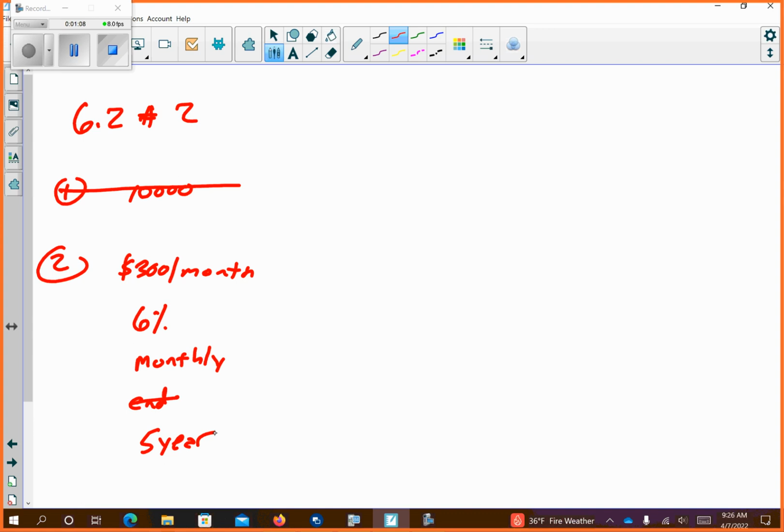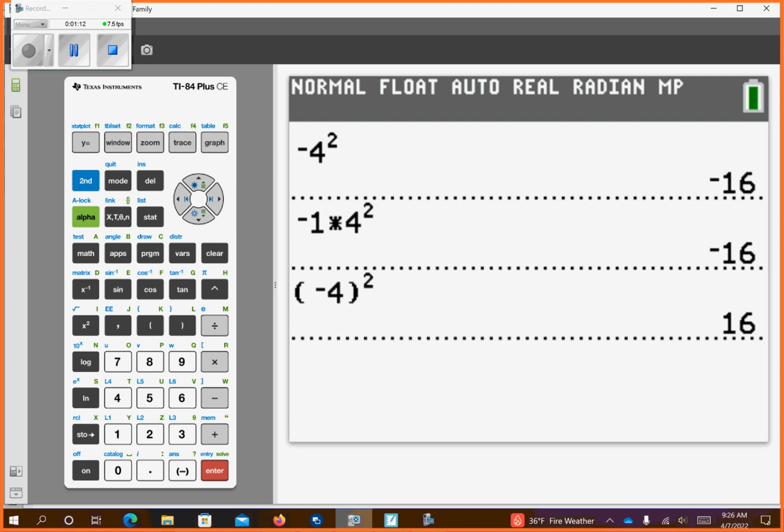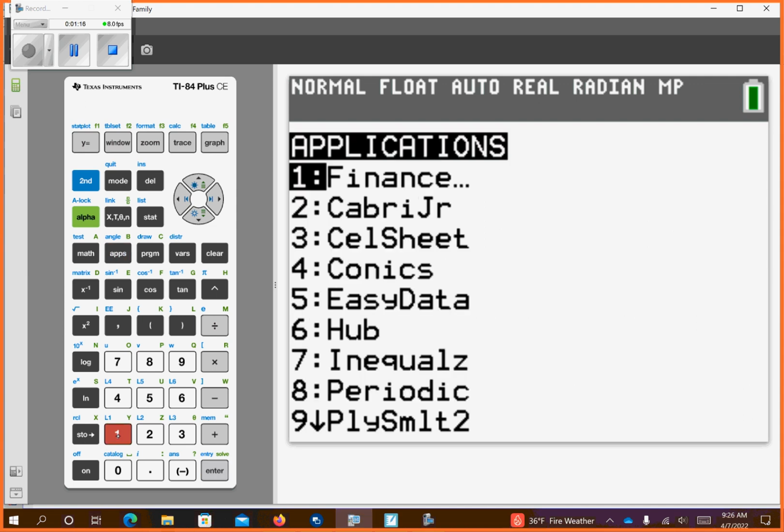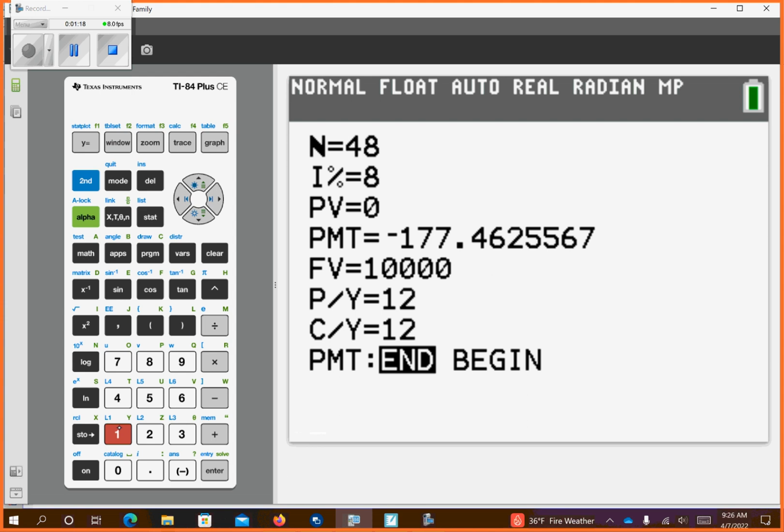Okay, that means we can use our calculator. Let's go with apps, finance, TVM solver. So 5 years times 12, that should be 60. And then we got 6%. Previous value, there's nothing in there, but we're doing a payment. We can make this the negative 300.